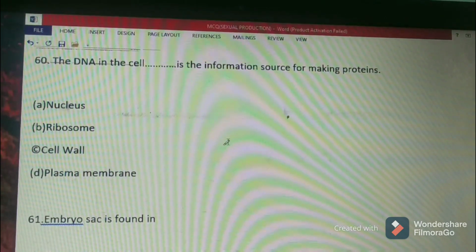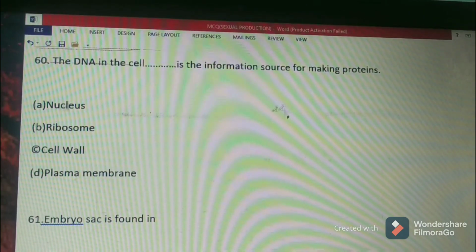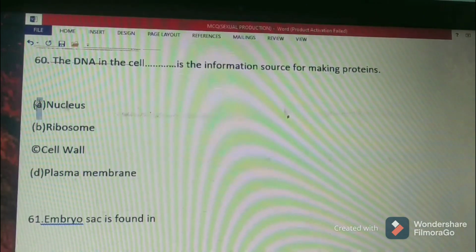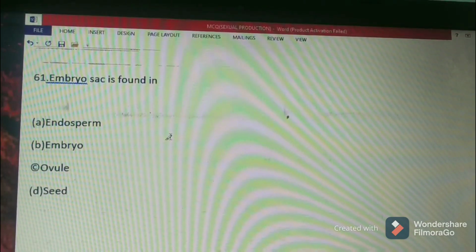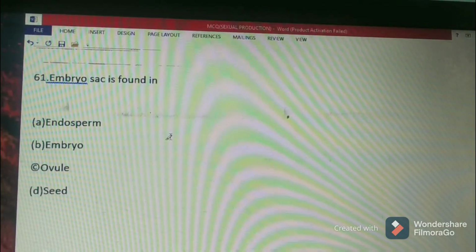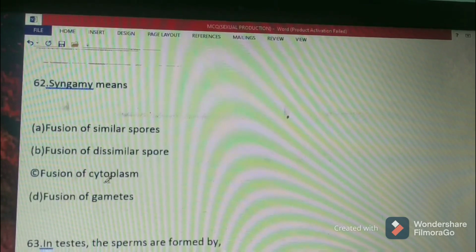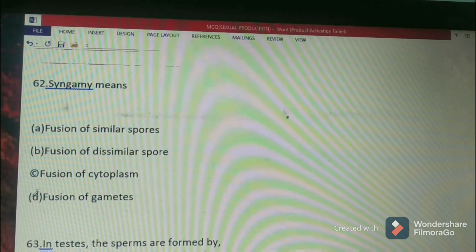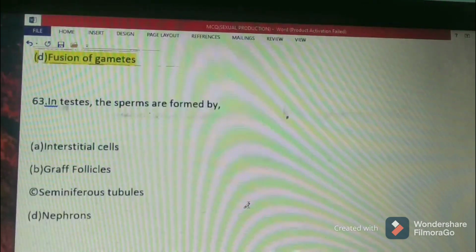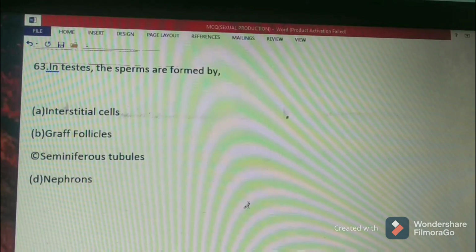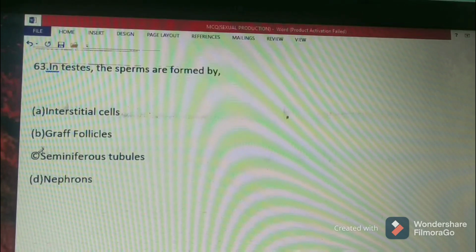The DNA in the cell nucleus is the information source for making protein. Embryo sac is found in ovule. Syngamy means fusion of gametes. In testes, the sperms are formed by seminiferous tubules.